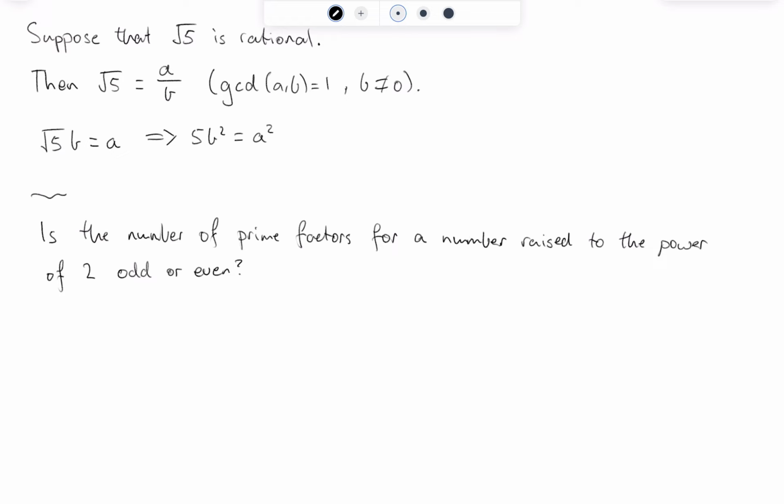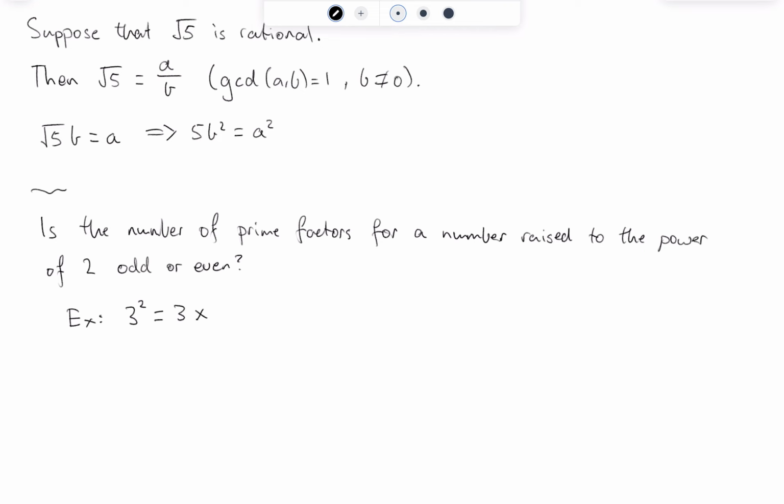To elaborate, I'll go through a couple of examples. Let's take a random number, say 3, and we want to raise this to the power of 2. So we square it and look at its factors. This is written as 3 times 3, and these factors are both prime.